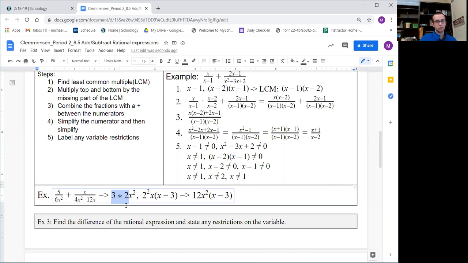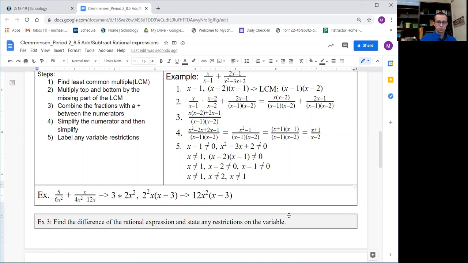Now, next thing, same as we talked about before, we have an x squared and an x. So this one has an x squared, higher power wins. So we take the x squared right here, and then we take the x minus 3 from the second one. That's how we get our least common multiple right here.